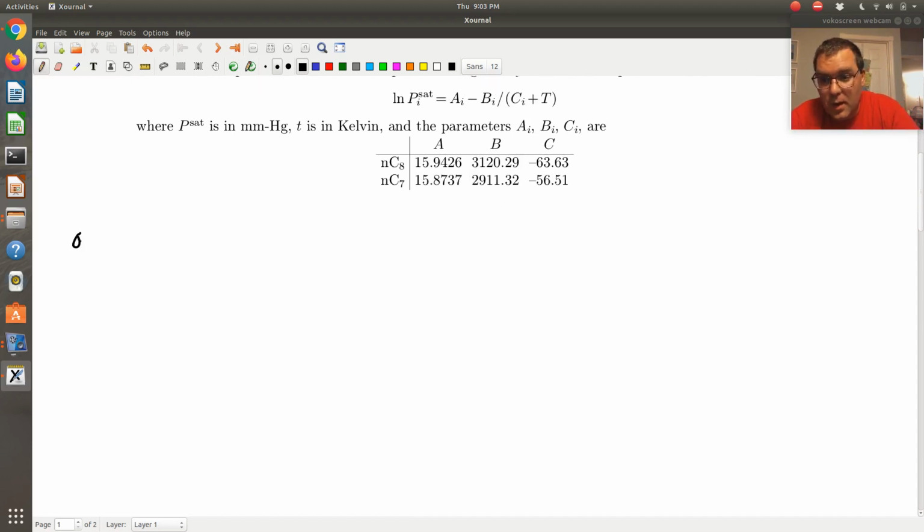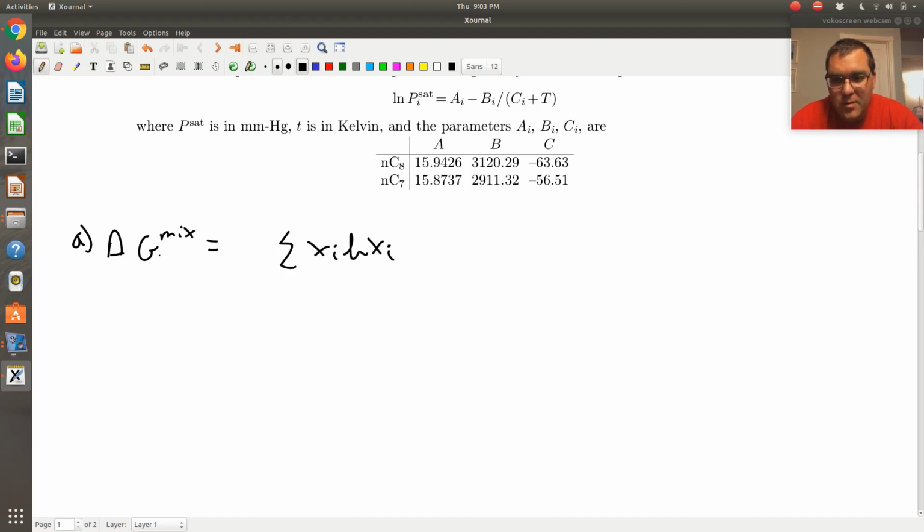Well, since I don't memorize everything, I remember that delta G of mixing for my ideal solution has the term sum over i of xi log xi.